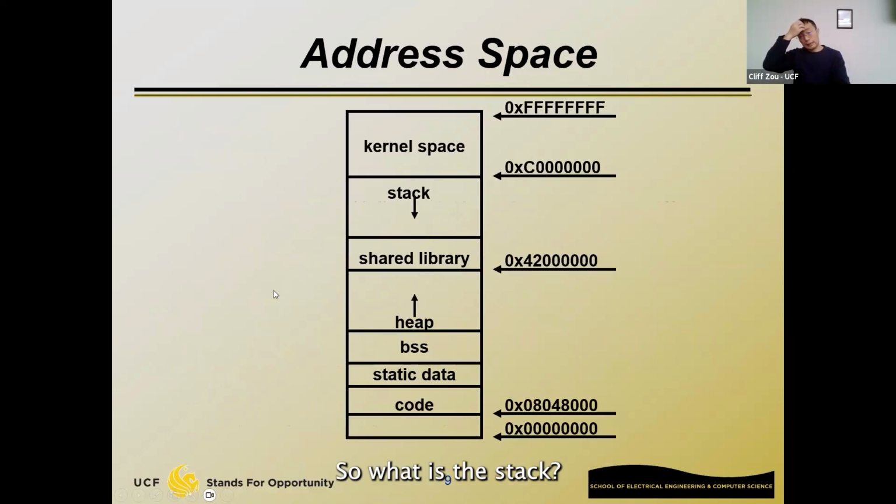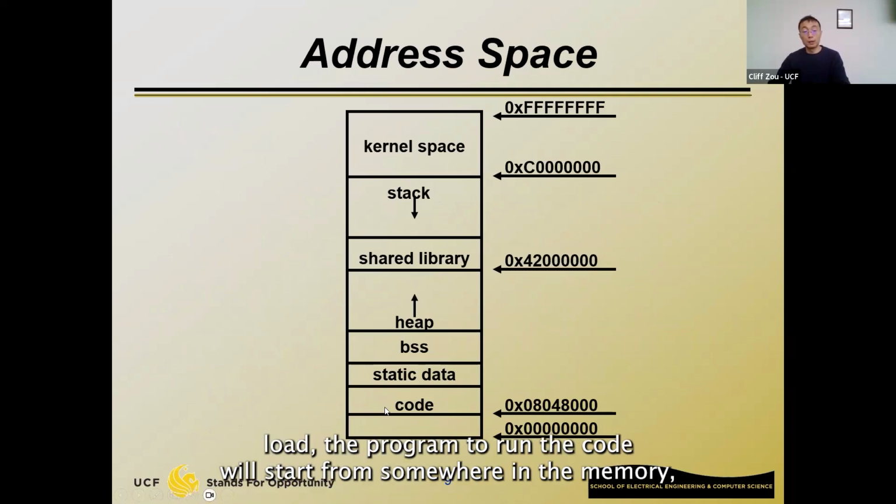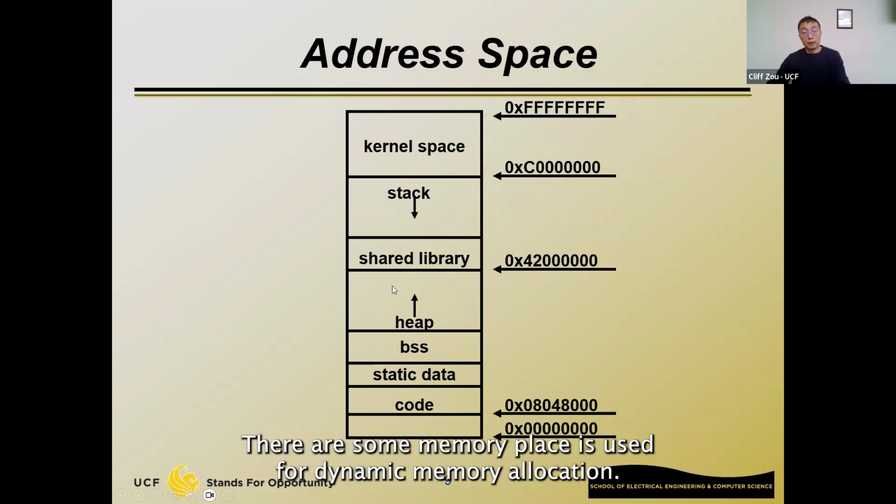So what is a stack? When the operating system loads a program to run, the code will start from somewhere in the memory. Then the static data, like when you define some global variable, those global variables will be put here. There is some memory used for dynamic memory allocation.